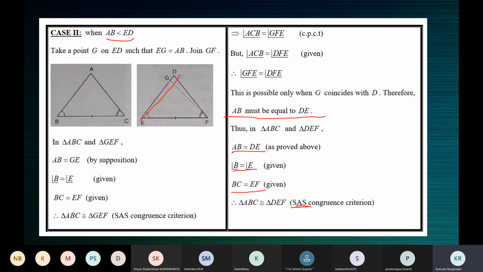When we prove that the triangles are congruent, we see that this point G always coincides with D. That means G and D are not two different points, both are the same, which proves that AB is always equal to DE. So the triangles are congruent by SAS.